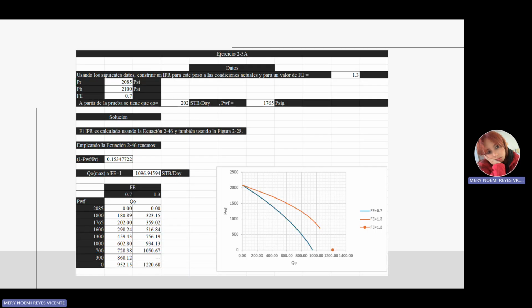By applying our equations, we calculate an ideal maximum flow rate of about 1097 barrels per day. And if we stimulate this well to an FE of 1.3, we can see in the table and the graph how the production potential nearly doubles across all pressure levels. This clearly illustrates the impact of improving this flow efficiency.